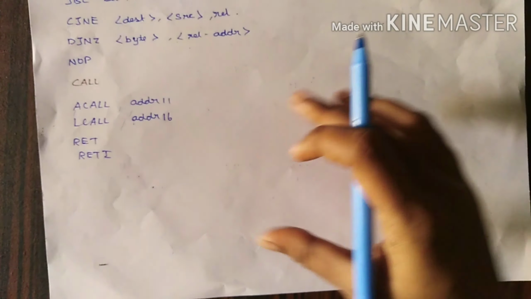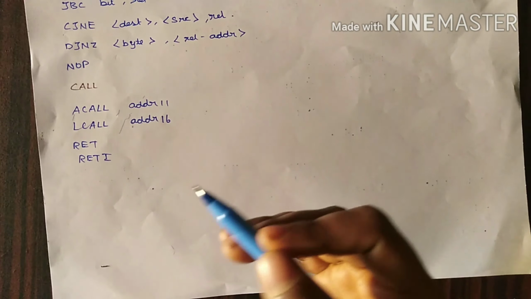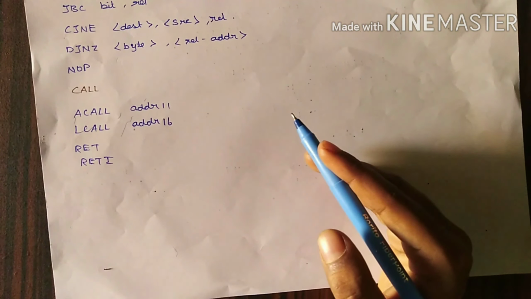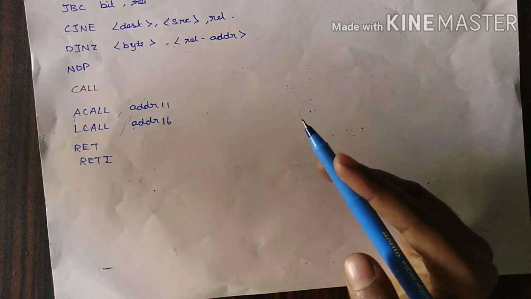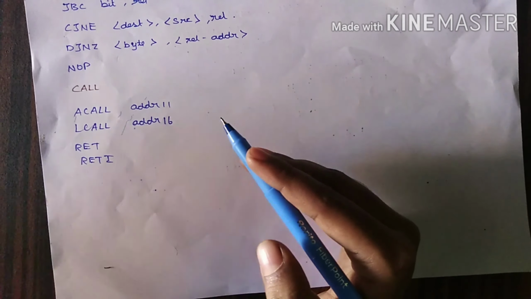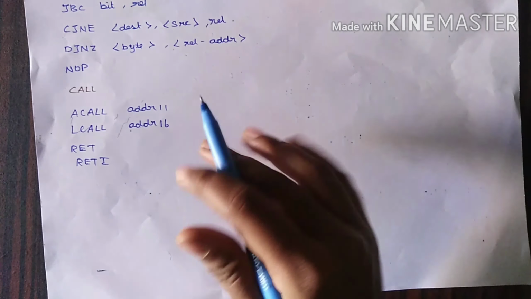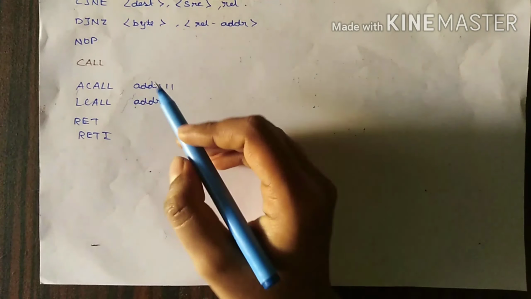As I said, it will be only within a 2 kilobyte range. That is, it can be between 0000 and 07FF, and then the next 2 kilobytes after that. So this can change only between those limits. So the subroutine program must also be within that limit.